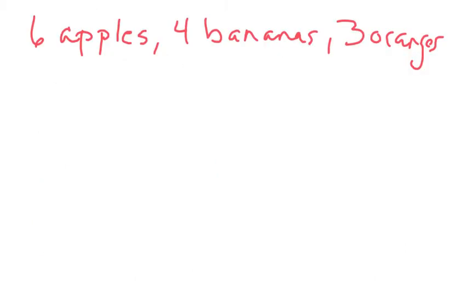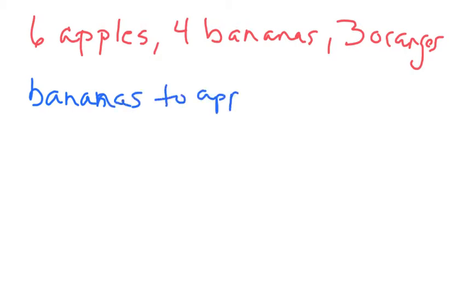Let's keep going. Now, let's say you had a basket of fruit. In the basket of fruit, there were 6 apples, 4 bananas, and 3 oranges. Could you write the ratio of bananas to apples?